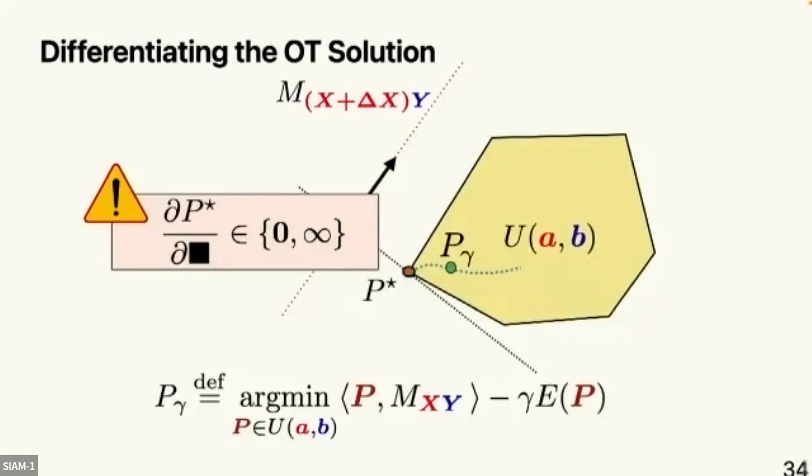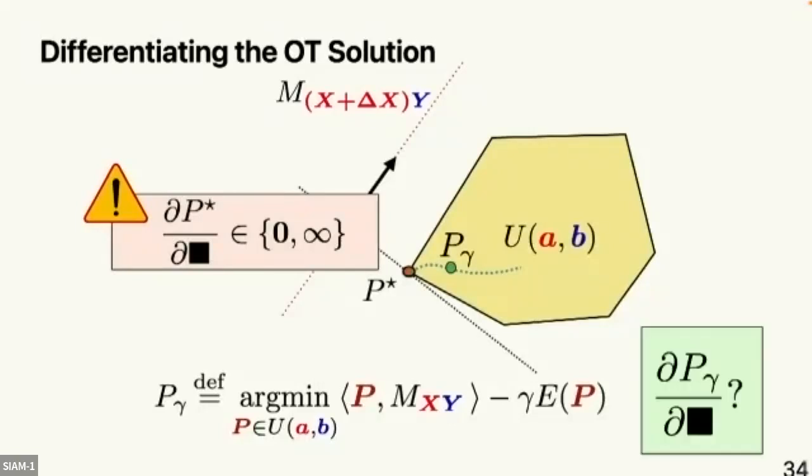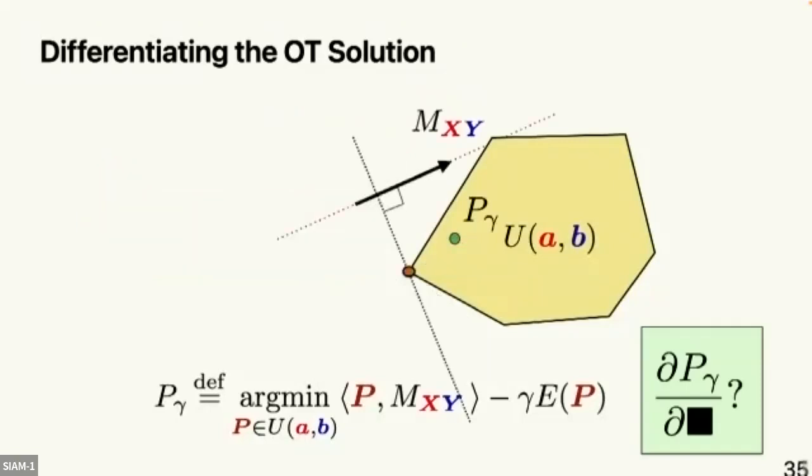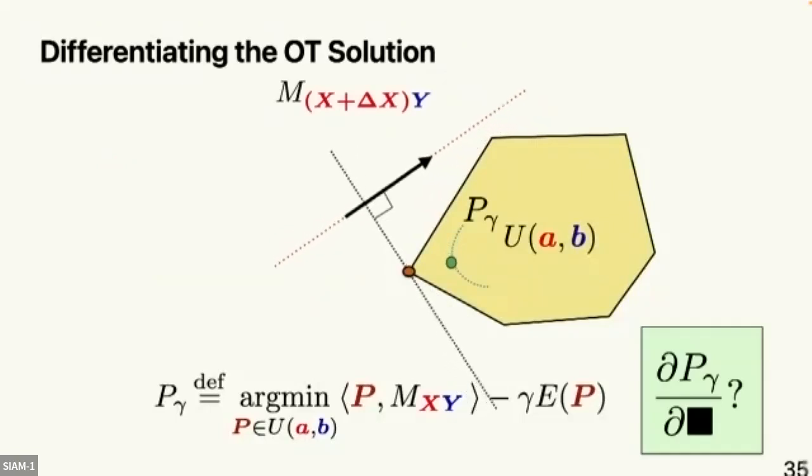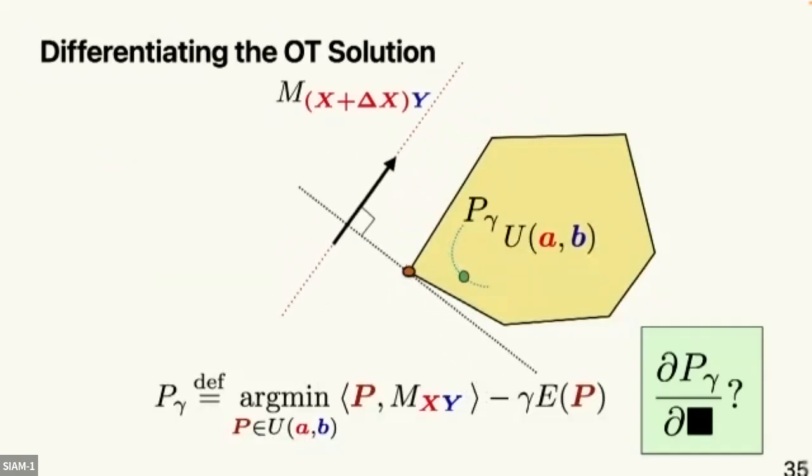The other reason why you might want to regularize is because you can think about a smoother trajectory of this P gamma that will continuously vary with respect to the perturbations in the X. So if you want to use optimal couplings or matchings in a deep learning architecture, this will likely be the only way to make this work.